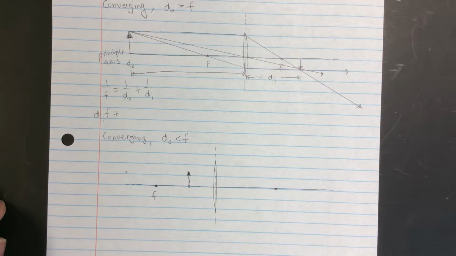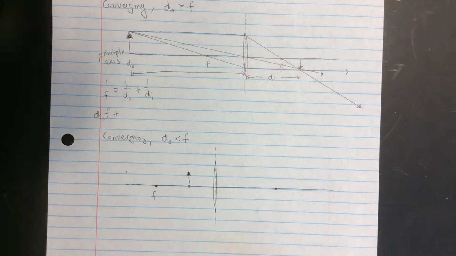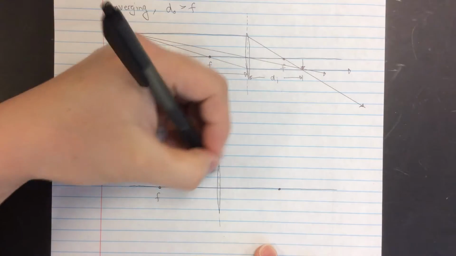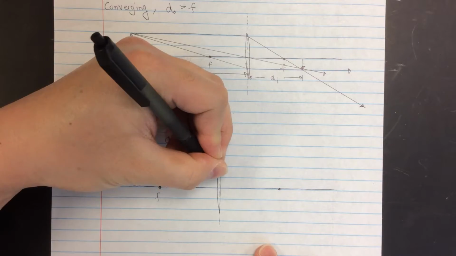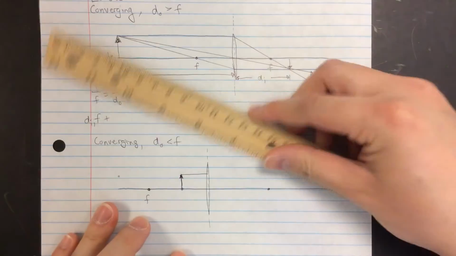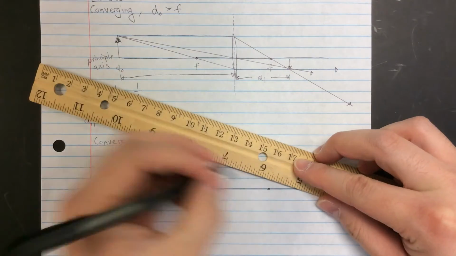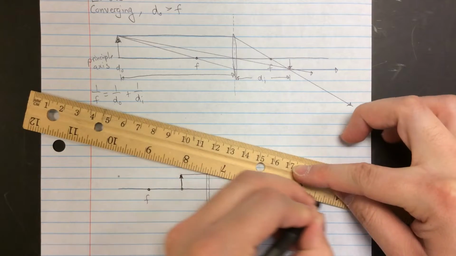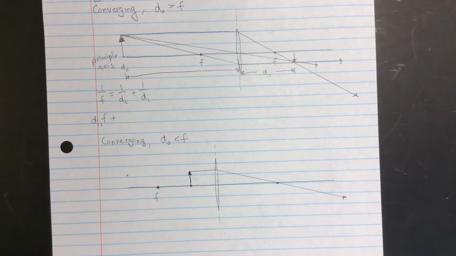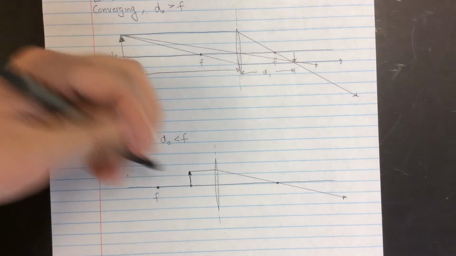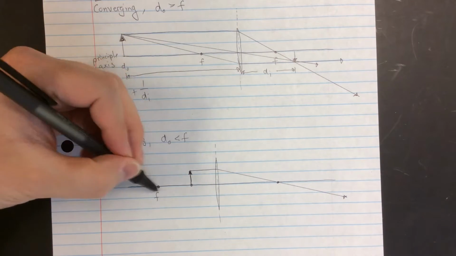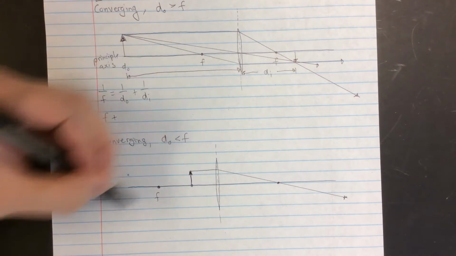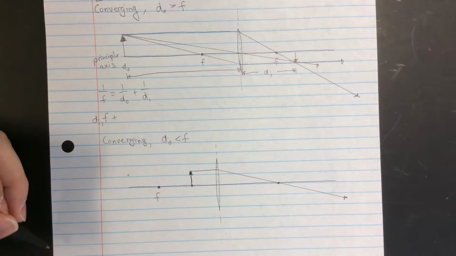Okay. So we're going to do a very similar thing. A parallel ray coming straight on should go towards the focal point. But this time, I can't really draw a line towards this focal point because that's going backwards, right?